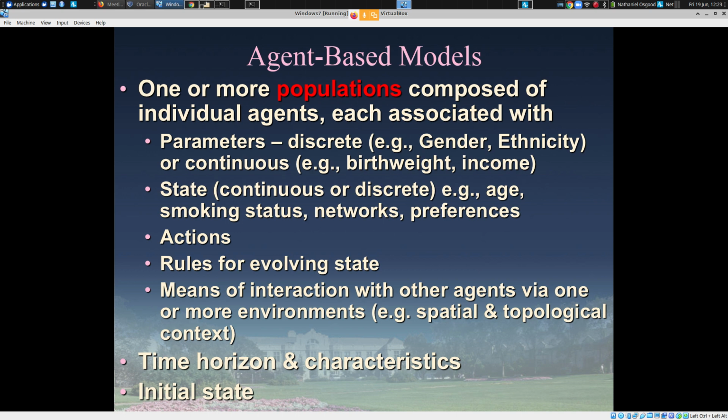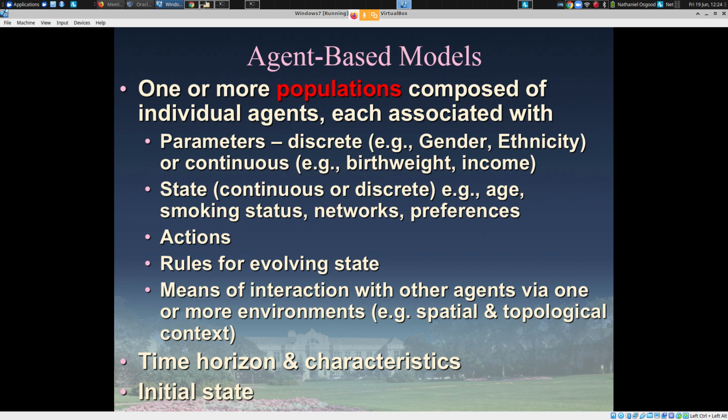Each of those agents is associated with some characteristics, and collectively it's some sort of more or less constant characteristics like their ethnicity, their birth weight, their income, if we consider that constant for the sake of it, etc. And you might consider, for the sake of a given simulation for COVID, their SES status or their housing status to be a parameter of a person, where they live, etc.